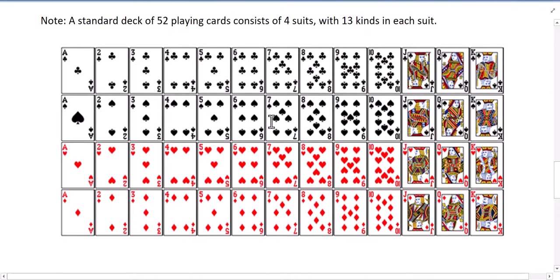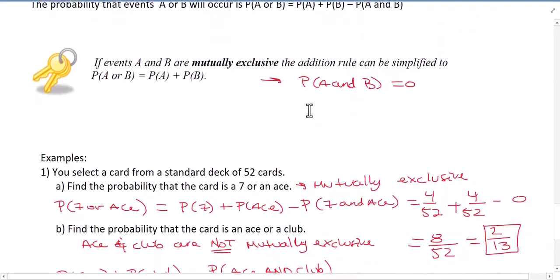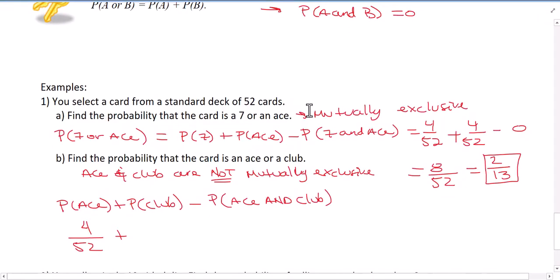So there are 13 out of 52 cards that are clubs. So we're going to say plus 13 out of 52 minus the probability that ace and club happen. There's just one suit of clubs and one ace in the suit, so this is going to be 1 out of 52.